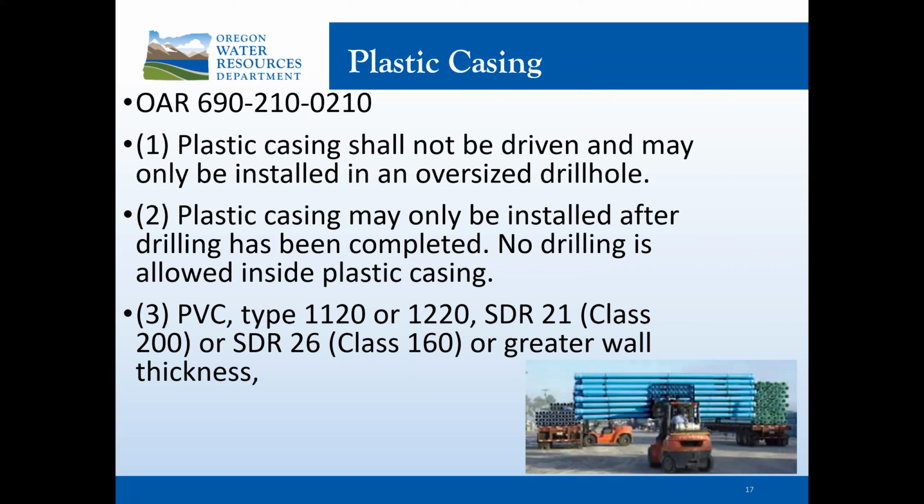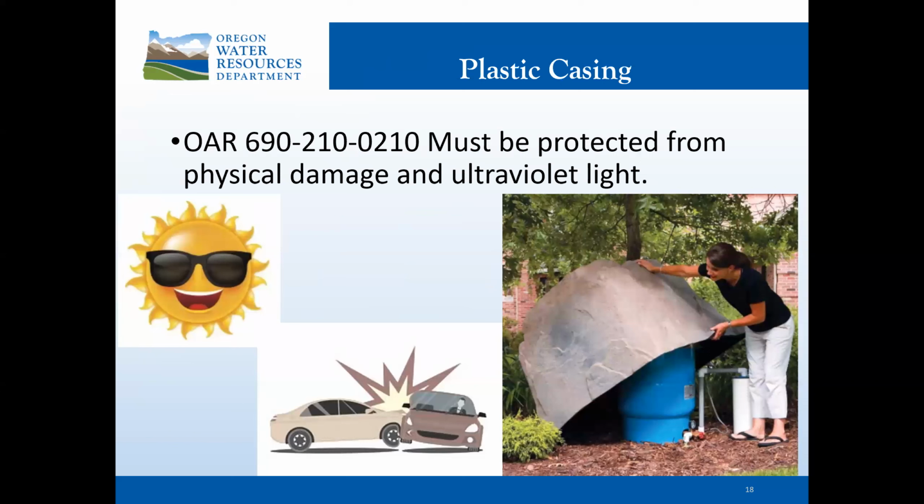SDR 21 has a maximum depth of 150 feet below land surface, and SDR 26 cannot be installed any deeper than 100 feet below land surface. In addition, when using plastic casing, OAR 690-210-0210 stipulates it must be protected from physical damage and ultraviolet light.